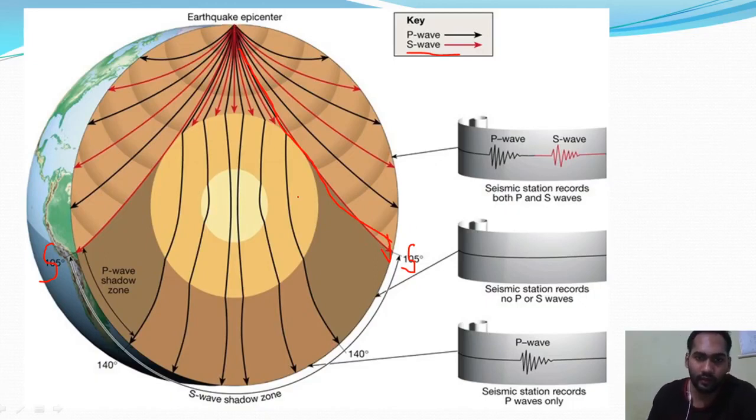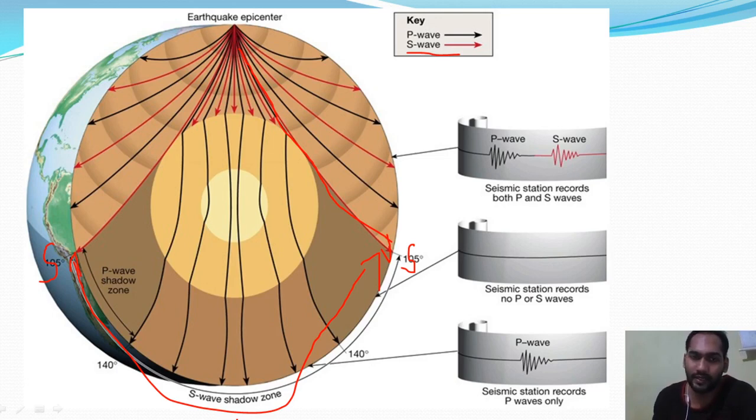So the region in which the direct S wave is missing, in this region the S wave cannot reach as direct S. In this region we cannot get the direct S wave. This is known as the S wave shadow zone, where we will not get the direct S wave.